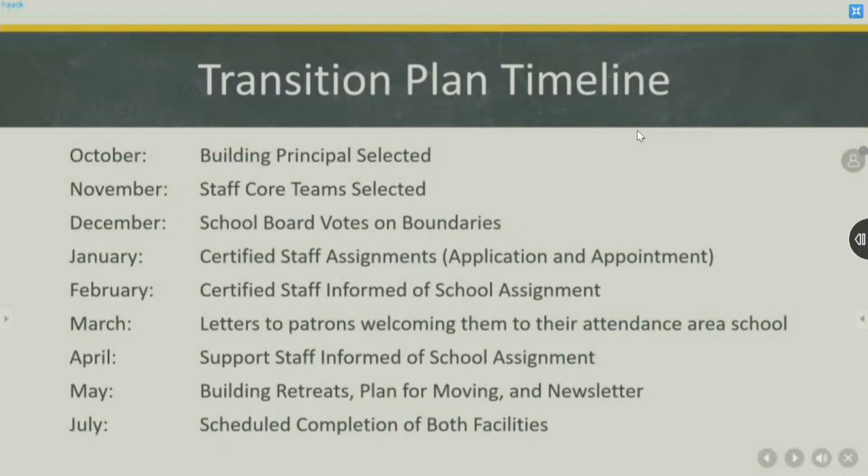One of the things I should note that's not up there is the Board of Education will receive this presentation at the November meeting, and the Board of Education will then vote to finalize boundaries at the December regular meeting. So that is the timeline as we move forward.